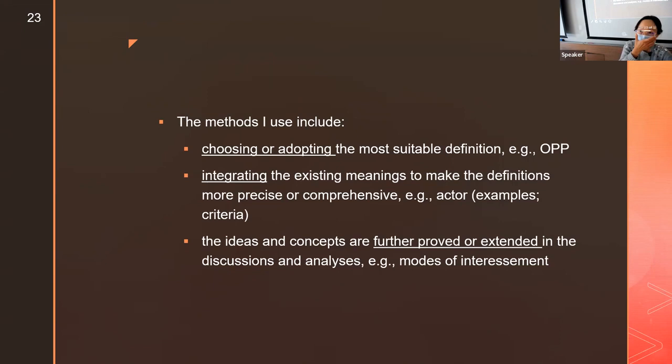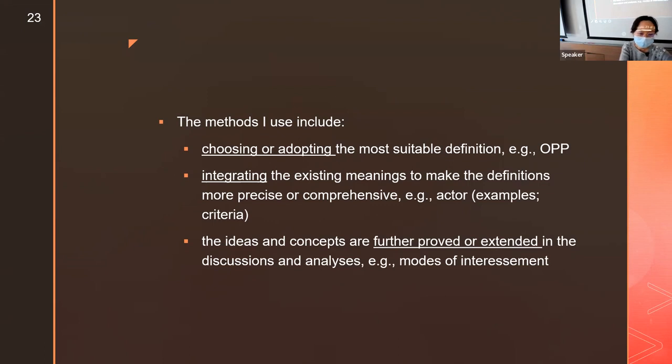And the last method is that I further extended, in my discussion and analysis, some ideas and concepts. For example, I do not only introduce the modes of interessement of actors. Latour introduces five modes of interessement, while I find that some modes did not happen in my research, but some other modes happened.